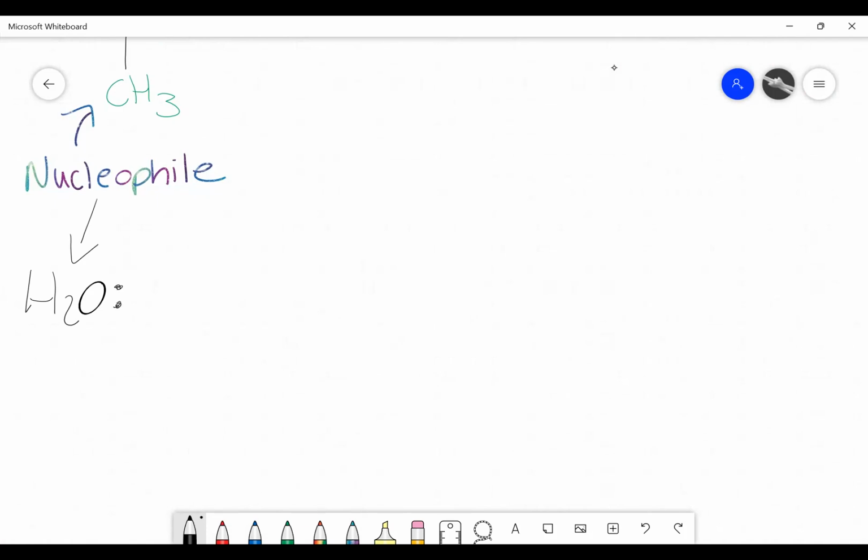It could be ammonia, where the lone pair is on the nitrogen, or an amine. So an example of an amine: CH3, lone pair on the nitrogen, H2.